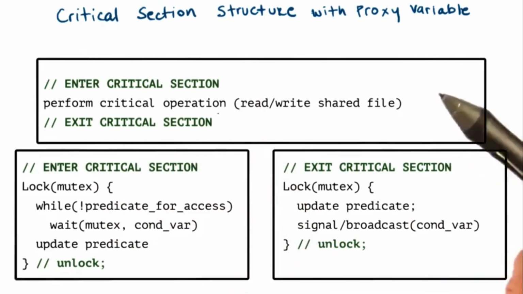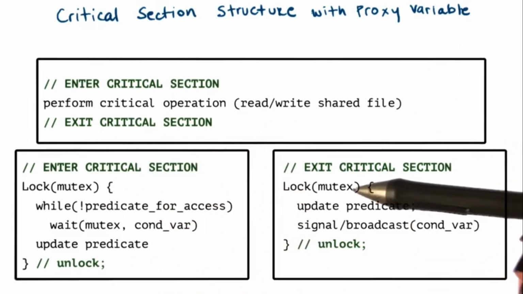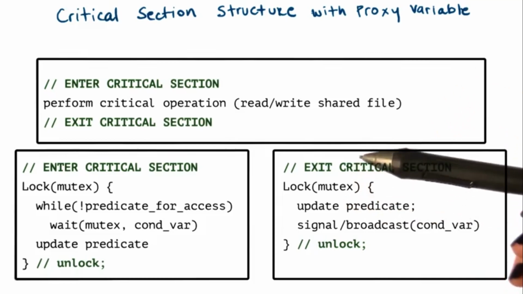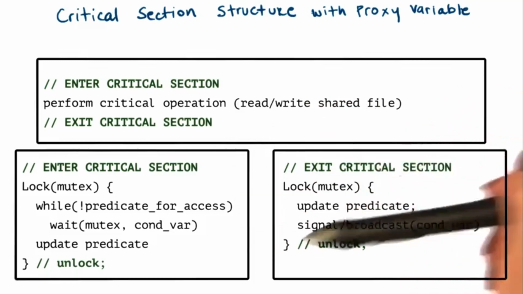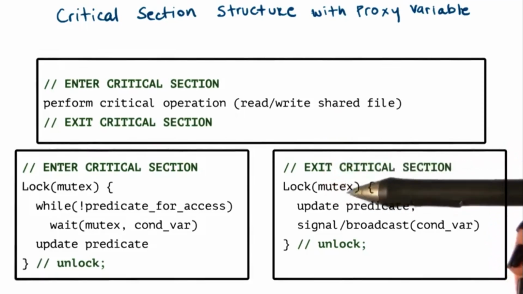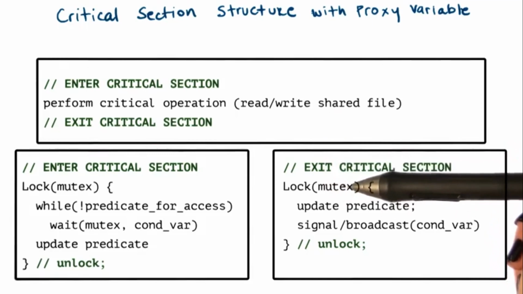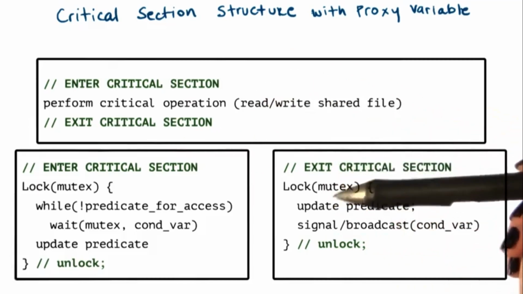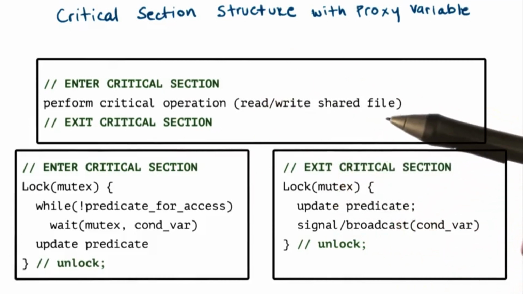This lets us benefit from mutexes because mutexes allow us to control how a shared resource is accessed. However, this type of structure also allows us to deal with a limitation that mutexes present because they allow only one thread at a time to access that resource. So with this structure, we will be able to implement more complex sharing scenarios.